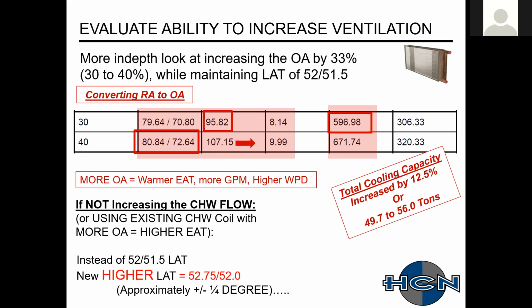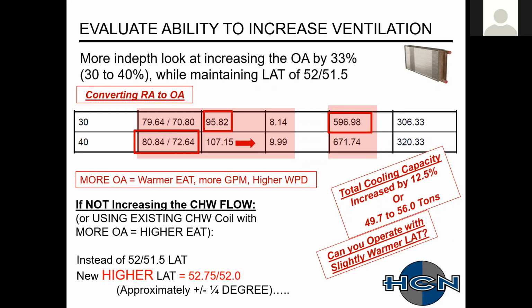And as expected, with the lower capacity and more outside air, we are not able to maintain that 52, 51 degree leaving air temperature. So our new, higher leaving air temperature is about three-quarters or one-half degree higher. And once again, I just put approximately because I didn't have the actual program. It's approximately plus or minus a quarter degree, in my estimation.